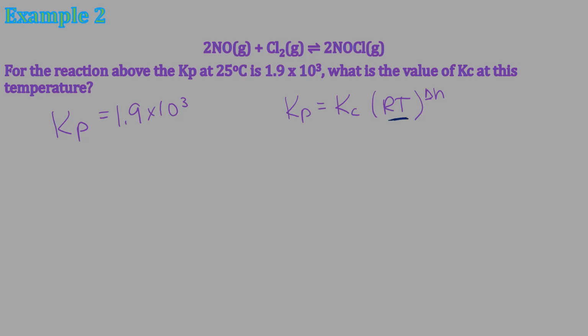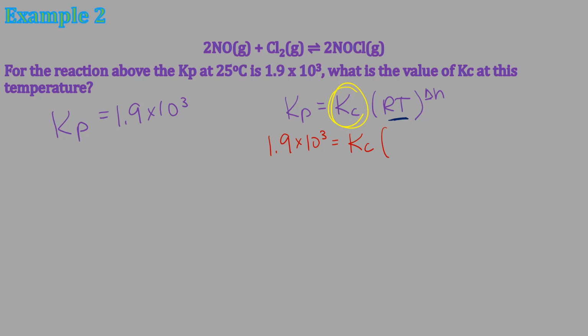Kc is not raised to the delta n at all. We want to find that value, and we're given Kp, and then we have the rest of it. So Kp is 1.9 times 10 to the third, and that's equal to Kc.